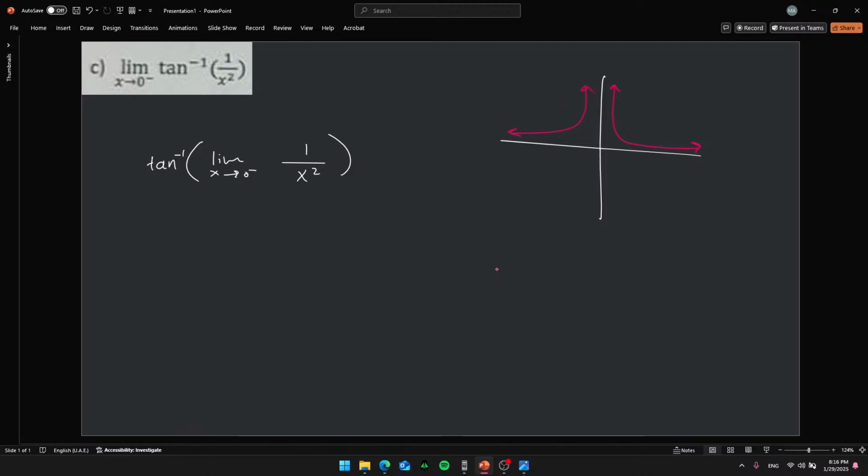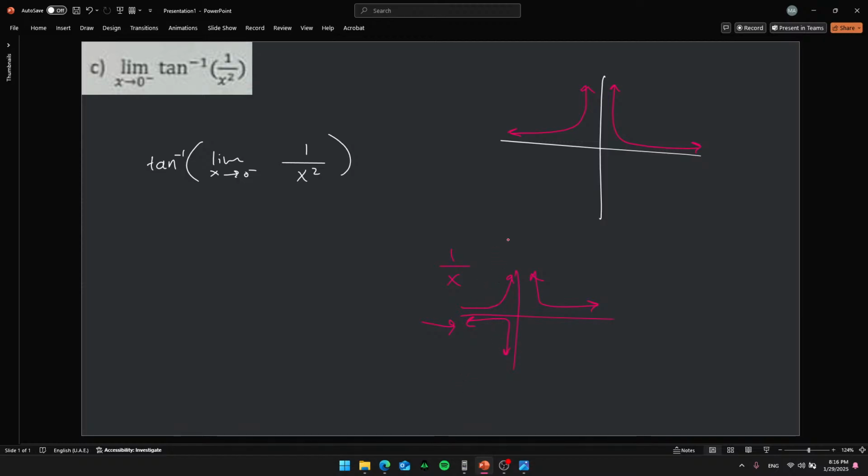Because 1 over x looks like this, but because of the square, the function on the bottom will get positive, so it will be reflected on the x-axis.